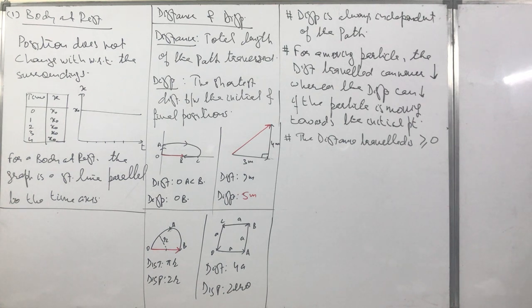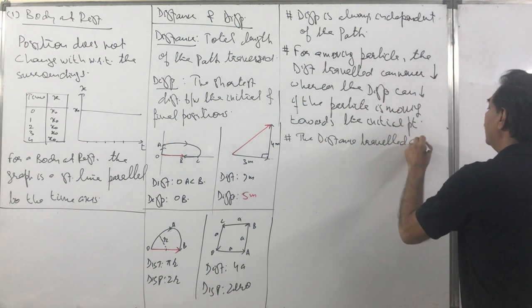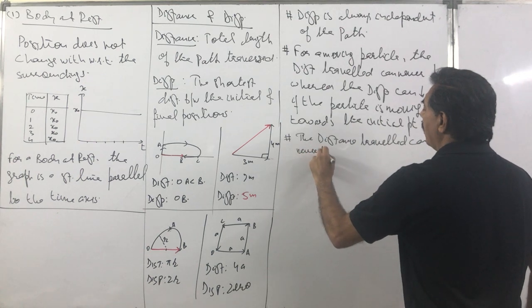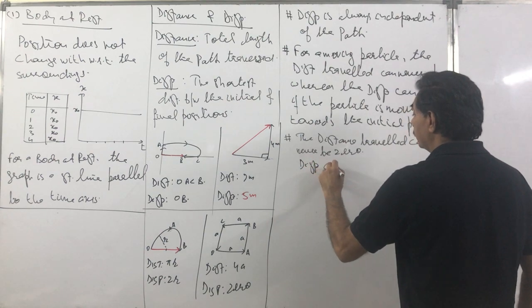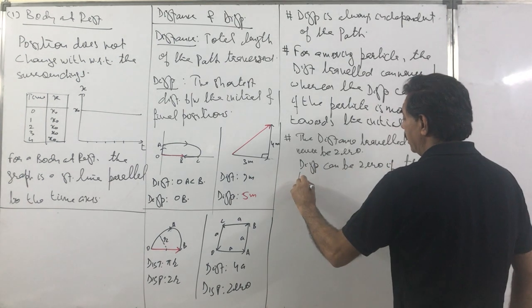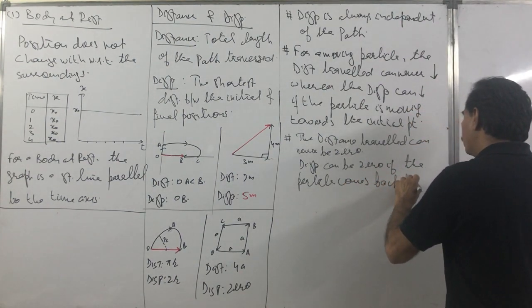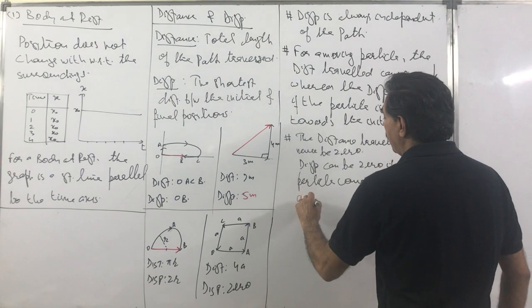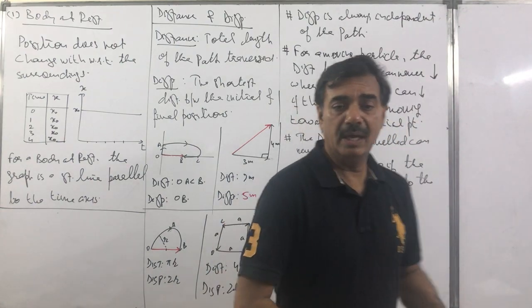The distance traveled can never be 0, whereas if the particle comes back to the original position, the displacement is 0. Okay, we write like this. The distance traveled can never be 0. The displacement can be 0 if the particle comes back to the initial point.